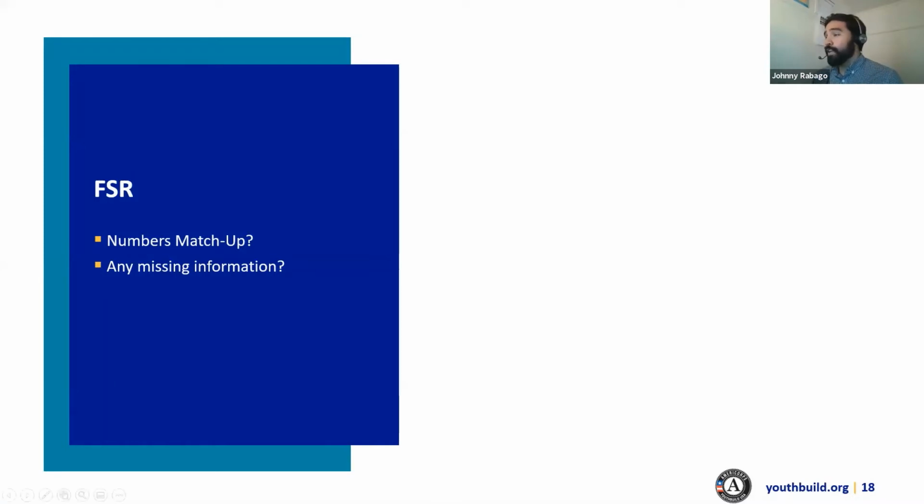So first up, we have the FSR. Now in the chat box, I want you to type in your answers. What did you find wrong with the FSR? Just type it in. Anything wrong? Any numbers not signed? Tammy, okay. Anything else? Numbers don't match up. Missing signature, Reggie.